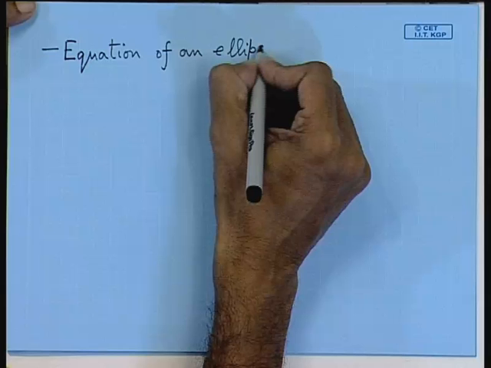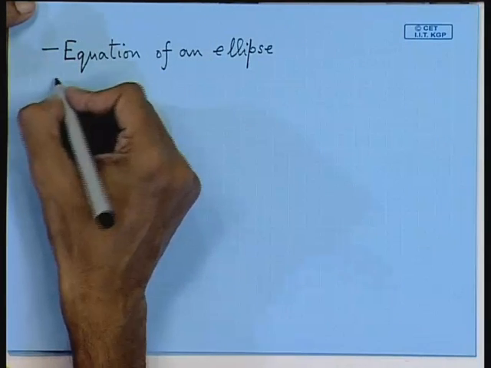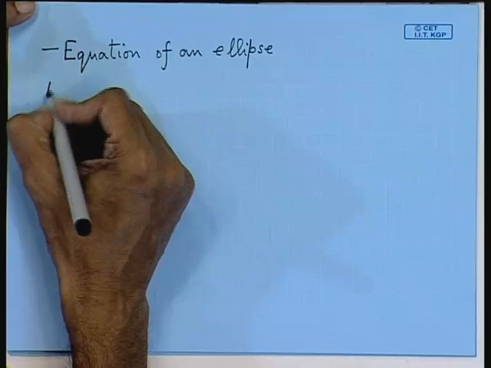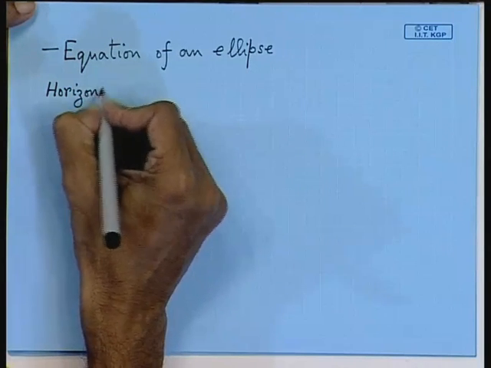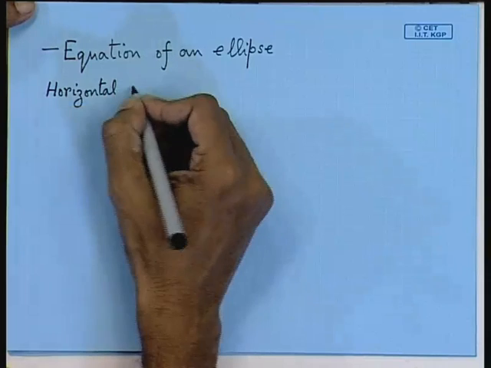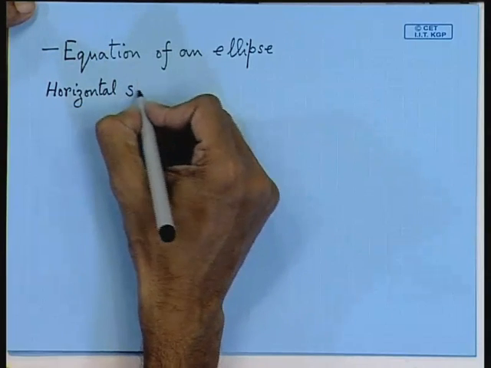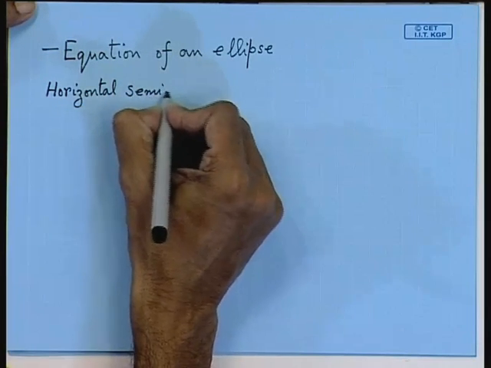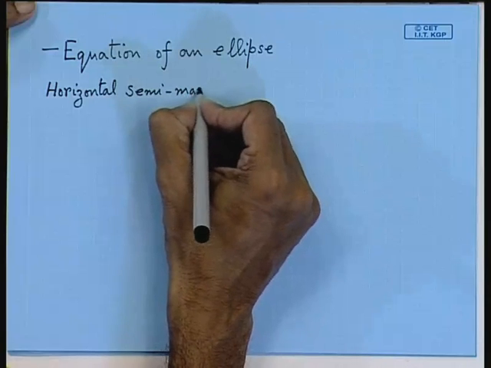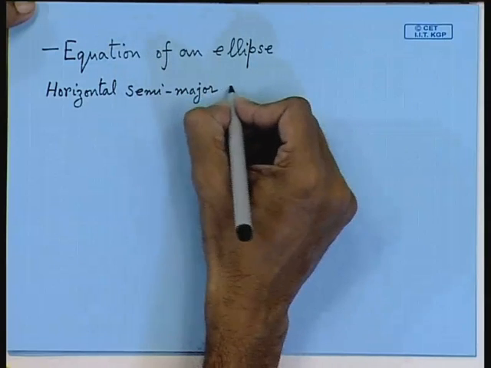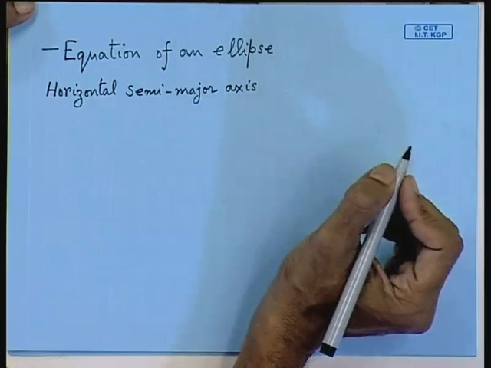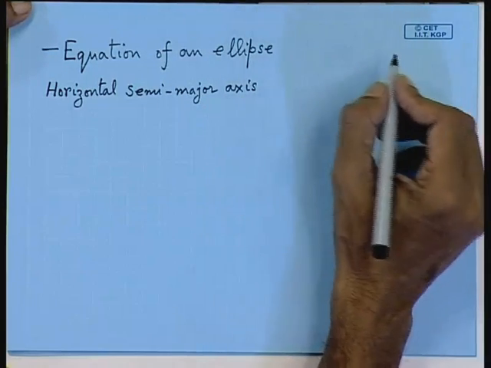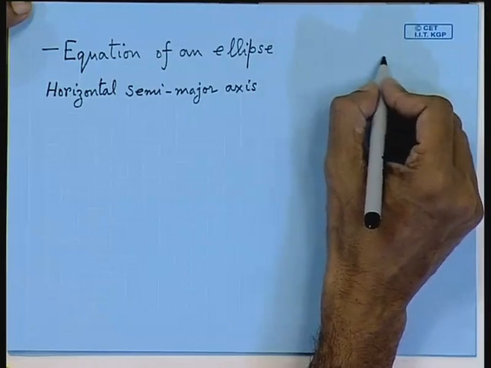So, this is the equation of an ellipse with horizontal semi-major axis. So, what is the semi-major axis? Horizontal. In an ellipse, you draw an ellipse.